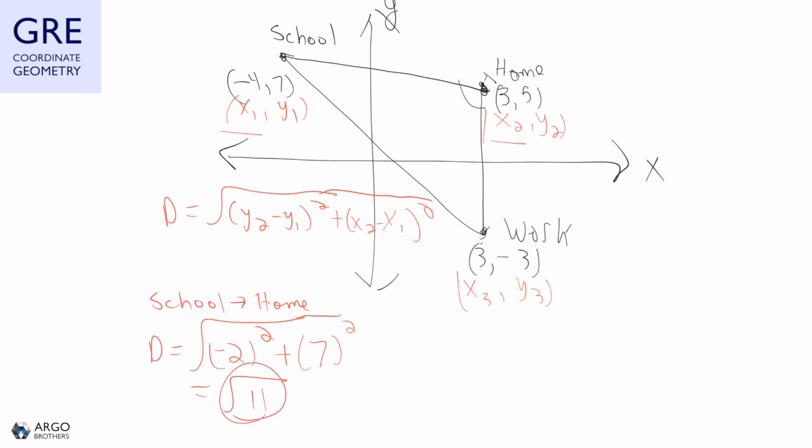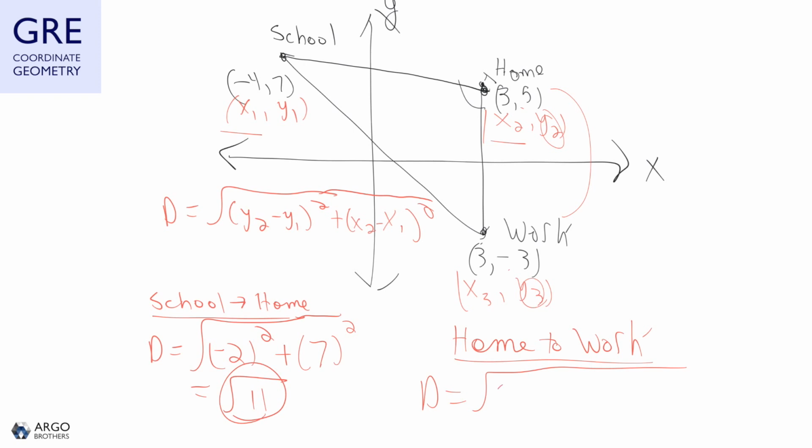Now what about the distance of home to work? Home to work. All right, so then that would be these 2 points here. So we have d equals the square root of, in this case, y3 minus y2. And it doesn't matter which order you do it in. You could do negative 3 minus 5 or 5 minus negative 3. So negative 3 minus 5 would be negative 8 squared.